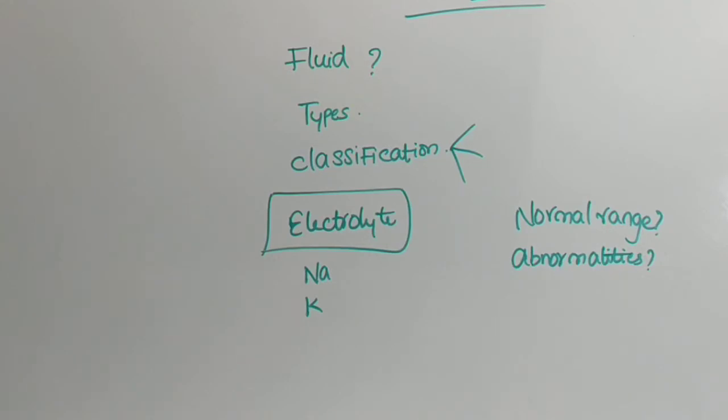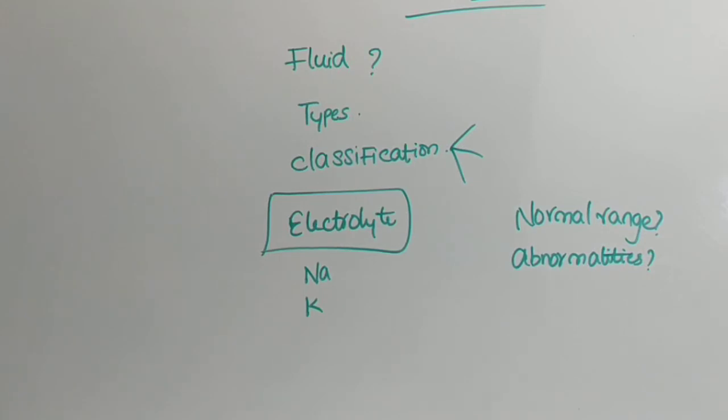When the fluid intake and fluid output, the water loss, are unequal, an imbalance will occur. It is considered as fluid imbalance. Normally, some of the fluid is lost through our body. We will see what they are.